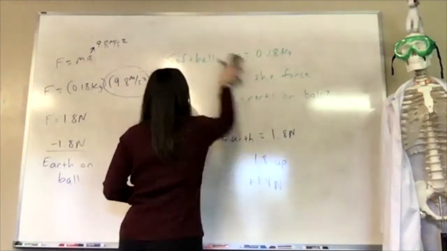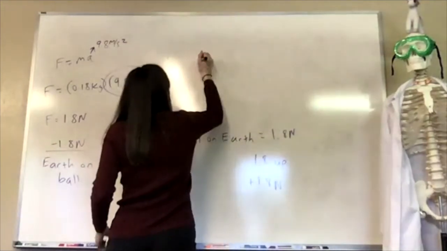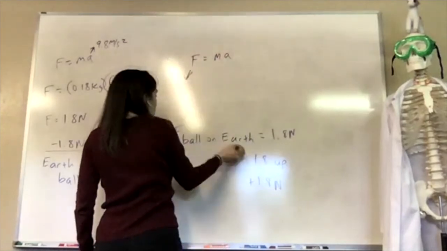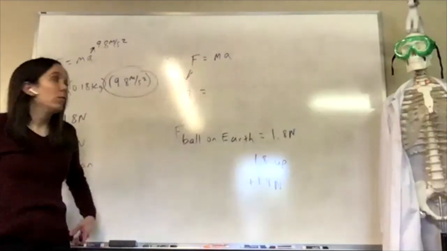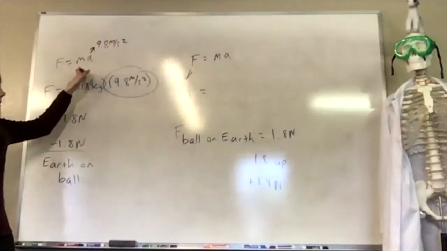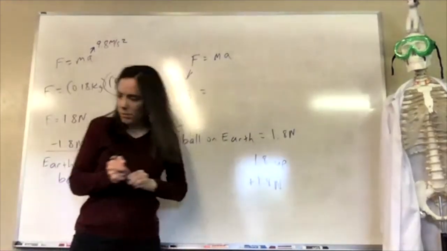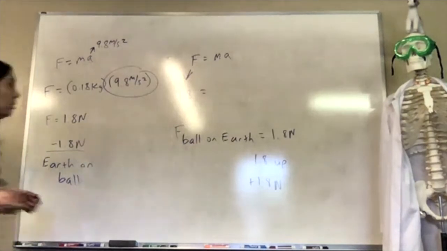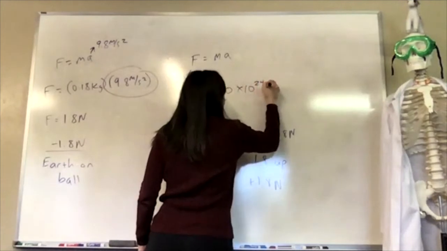So we would use F equals m times a to find the acceleration. We know that the force is 1.8, but we need the mass of the Earth now. Before we looked at the mass of the ball and its acceleration downward, now we want the mass of the Earth, which I think was given to you in your book. Yeah, on page 104, they give that to you. Earth's mass is 6 times 10 to the positive 24th kilograms.